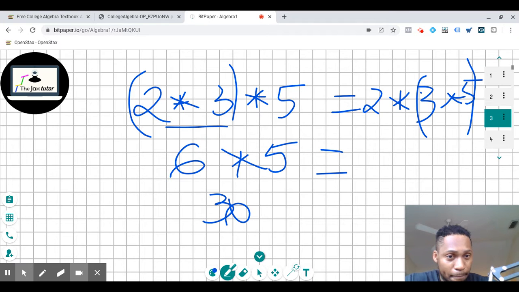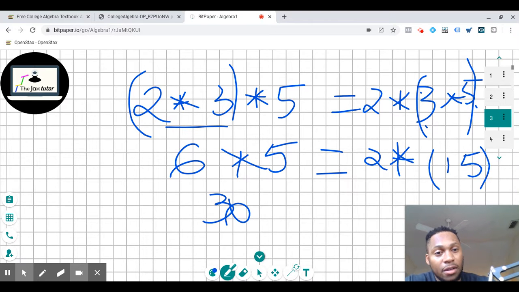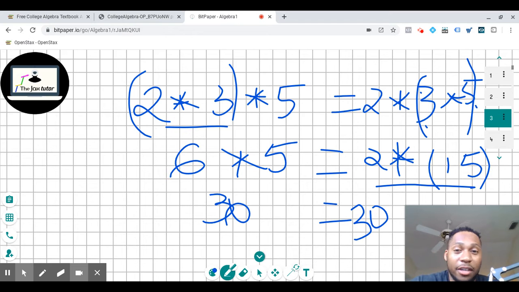On the right side, I have the 2, because I'm following PEMDAS, 3 times 5 is 15. Now 2 times 15 is equal to 30. So 30 equals 30. So addition and multiplication are associative. That means you can group them any way you want to. You can group the first 2 and then you can group the last 2. You should get the same thing.